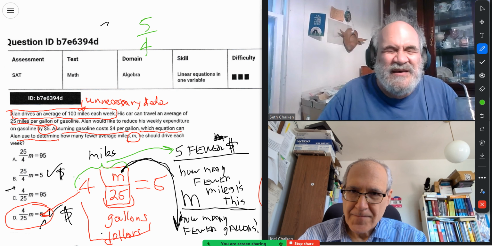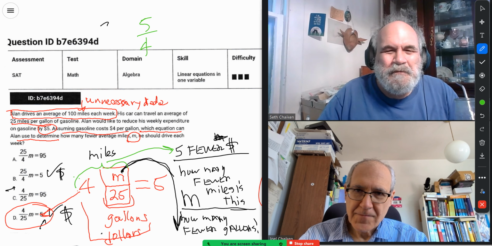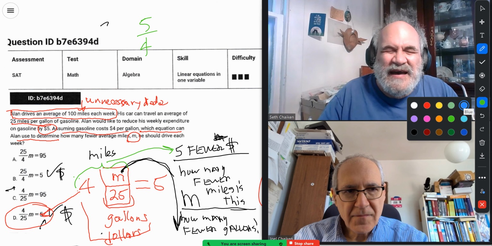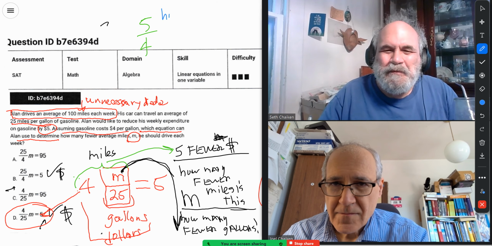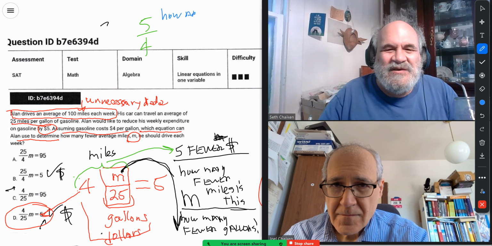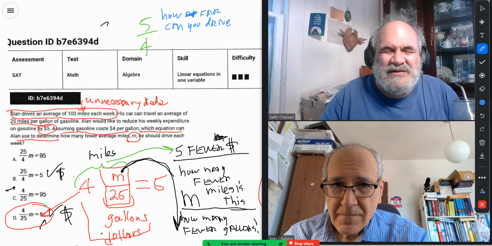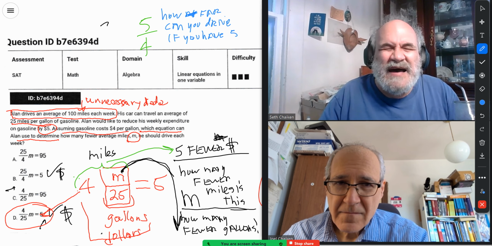But you're interested in saving dollars, so you want to convert gallons to dollars. So you want to save $5, convert it to gallons. But he's interested in the number of miles to save, so he needs to convert gallons to miles.